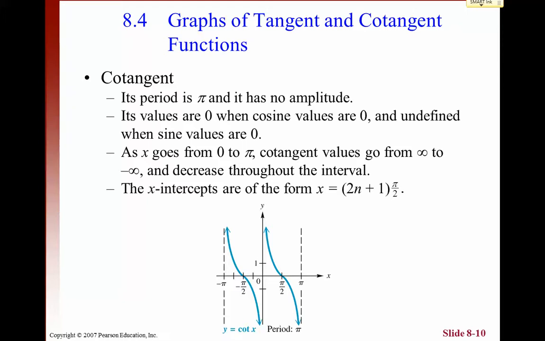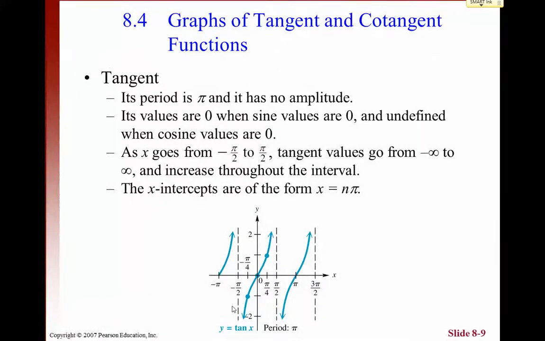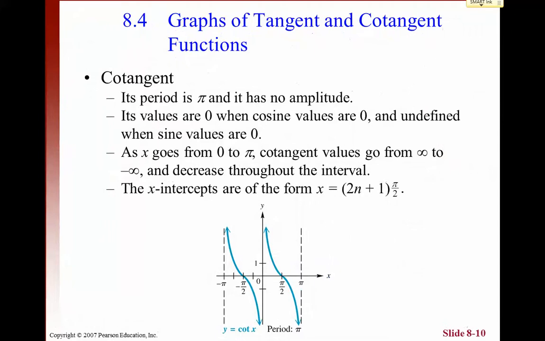Cotangent is the reciprocal of that. So instead of being increasing everywhere like the tangent, the cotangent's decreasing everywhere. It goes down from one side to the other. And it's also offset a little bit.